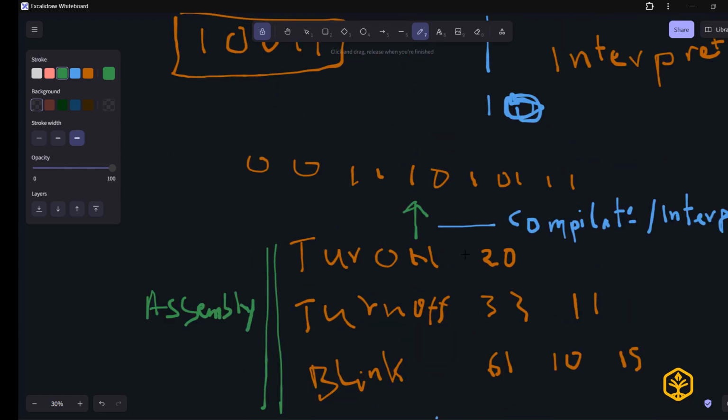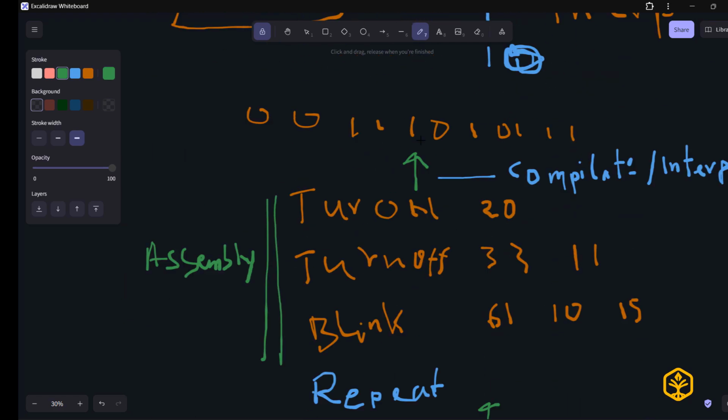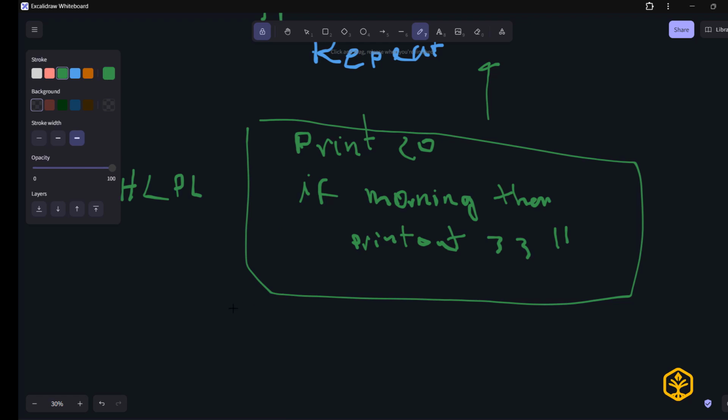But the key point for us here is to understand how things moved from the binary to we having high-level programming languages. And today, when you start learning these, you will see that people will be like, oh, this language is compiled and this one is interpreted. So for example, when you write a C programming language, you will need to compile it before the computer executes it.